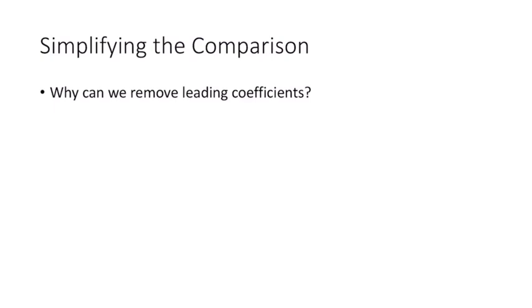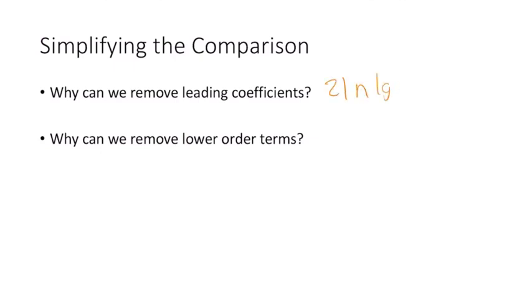Alright, so what are we doing here? We're simplifying the comparison. Can we remove leading order coefficients? Leading coefficients would be like the 21 in 21 n log n plus something.